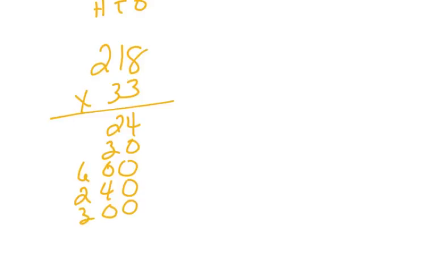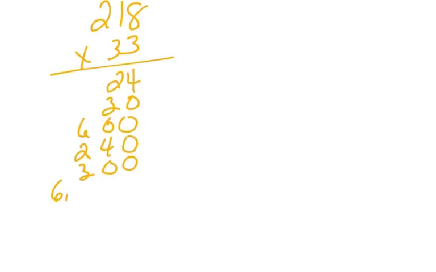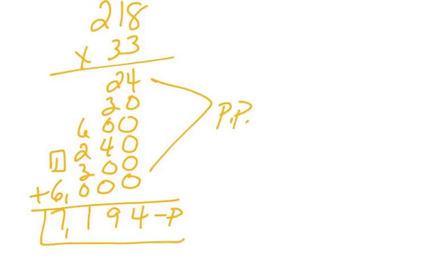And then finally 30 times 200 is 6,000. So that's 4, that's 9, that's 11, regroup here. So 7,194 is my final product from those partial products.